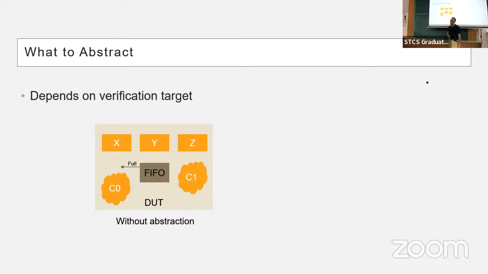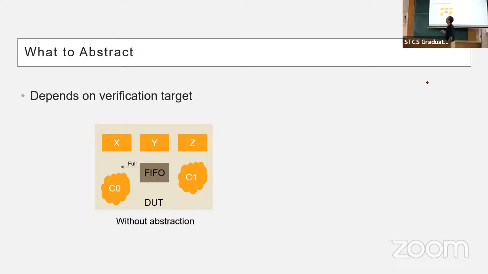We analyze the coverage and we say that okay, we are not able to see this full scenario, and the cut-shrinking approach is not going to work here. We don't want that. So how do we solve this? We add some abstractions on this value.